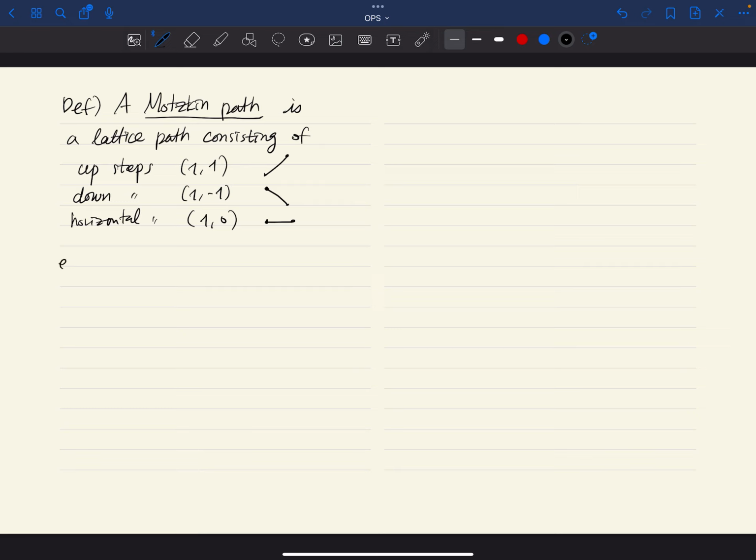Of course, with staying weakly above the x-axis. For example, it may start anywhere. Let me say this. It may stay on the x-axis. This is an example.